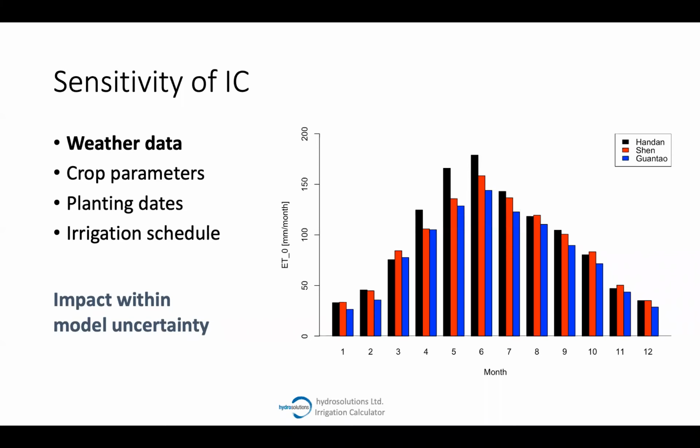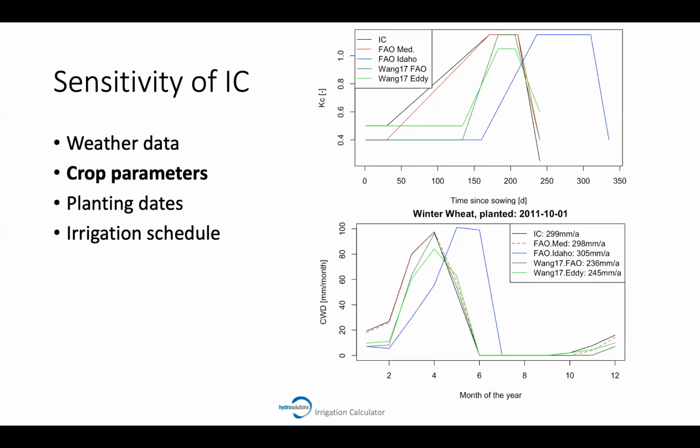So the impact of having a different climate station, which is still within the North China Plain, is within the model uncertainty. Also, we didn't have the single crop coefficients for all the crop types planted in the North China Plain. For some of them, we had to use the default FAO crop coefficients.